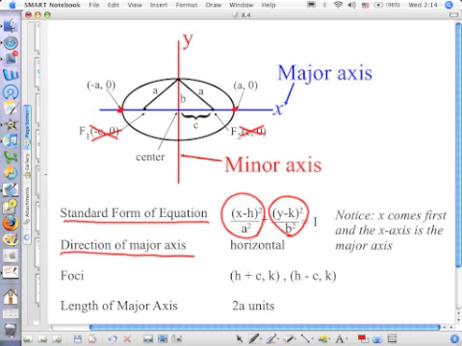The foci, remember there are two of them. Now the foci always lie on the major axis, listen to me now. If the foci always lie on the major axis, and c is the distance from the center, then we're going to add c to the coordinate that corresponds to the major axis.